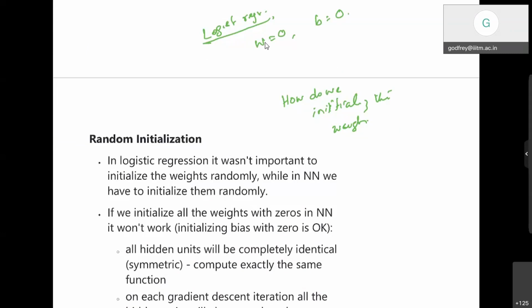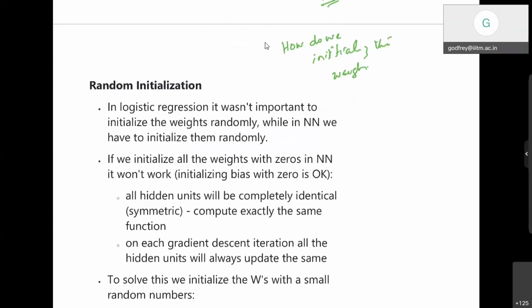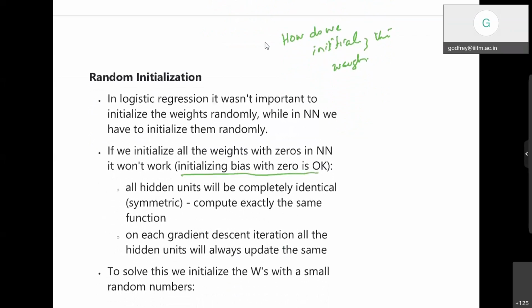But with a neural network, you cannot afford to initialize the weights with 0. On the other hand, initializing the bias with 0 is fine. If we initialize the weights with zeros in a neural network, then it's going to be difficult.